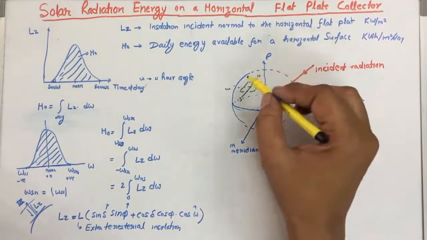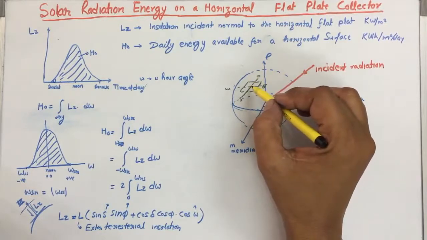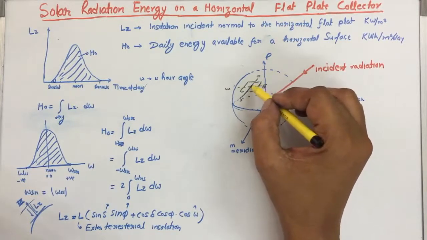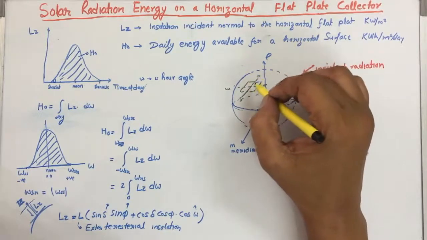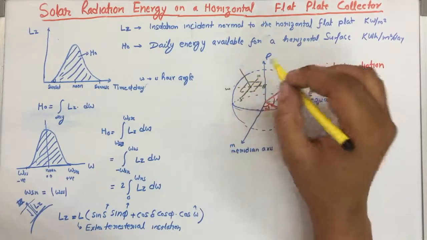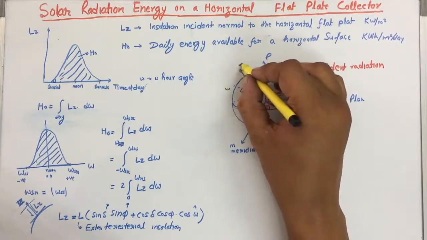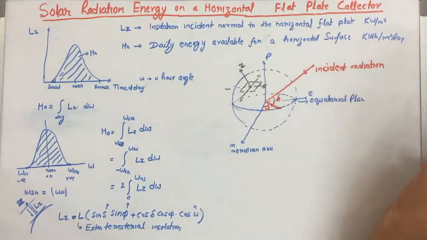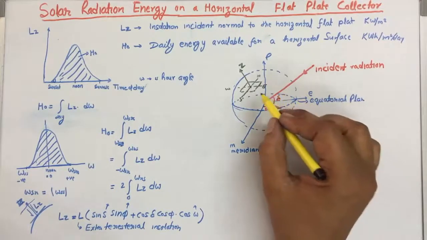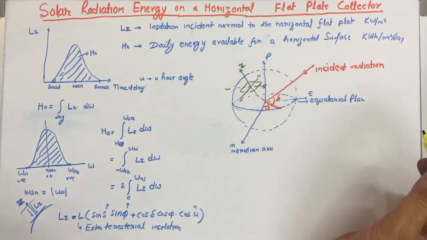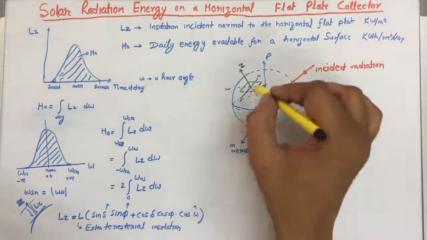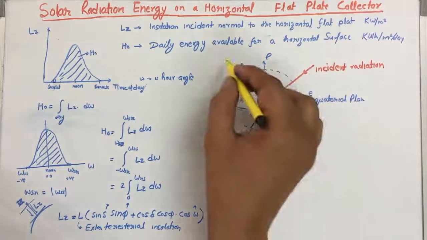So the line that is normal to this plane, this line, that is the zenith axis, because it will be a radial vector, that's why it will match to that.